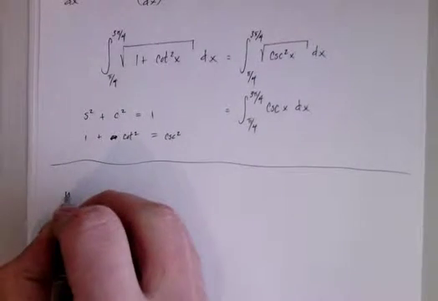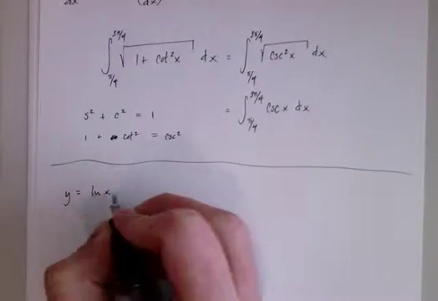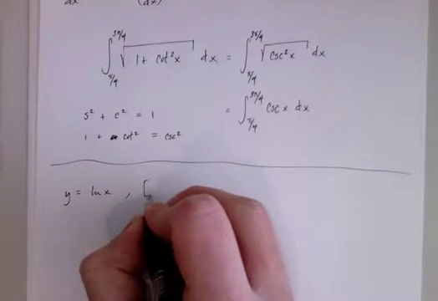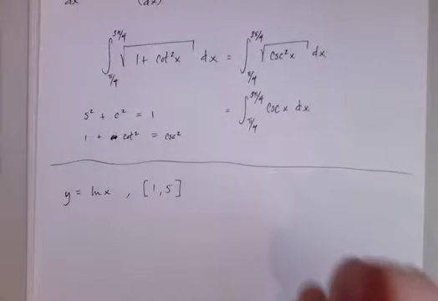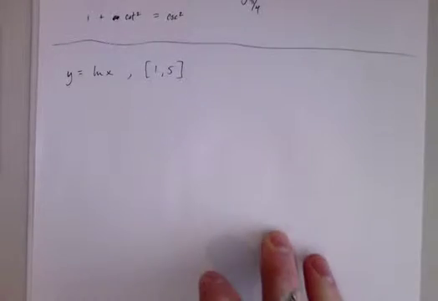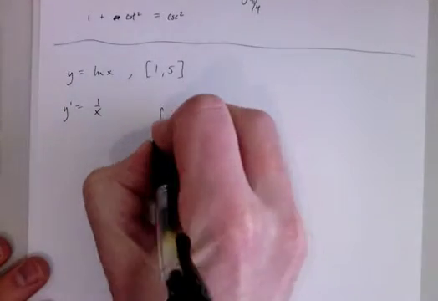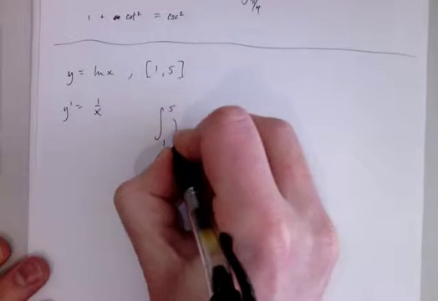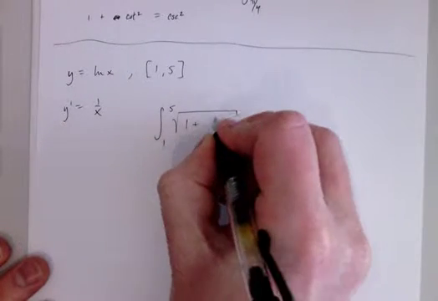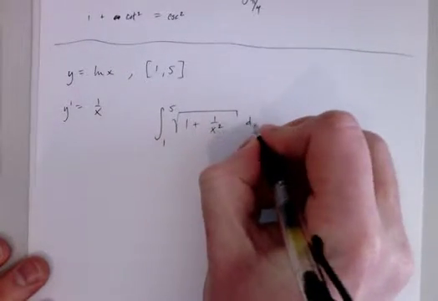How about y is equal to natural log x on the interval 1 to 5? Well, we know that y prime is 1 over x, so what we're looking for is the integral from 1 to 5 of the square root of 1 plus 1 over x squared dx.